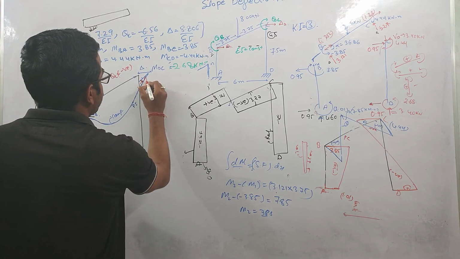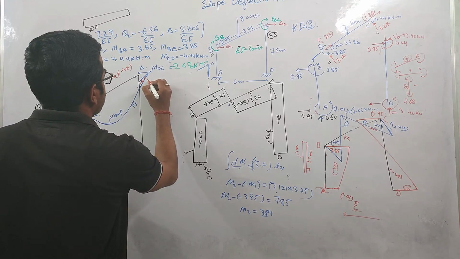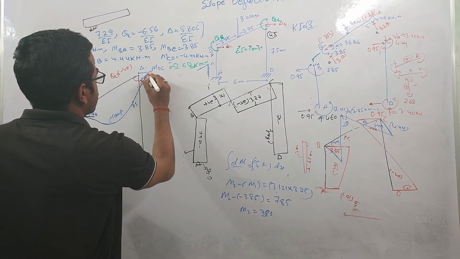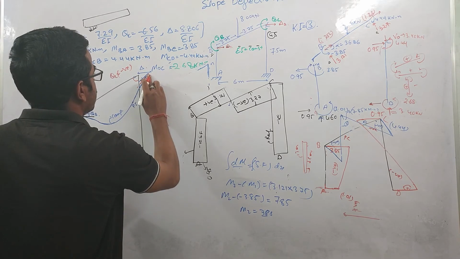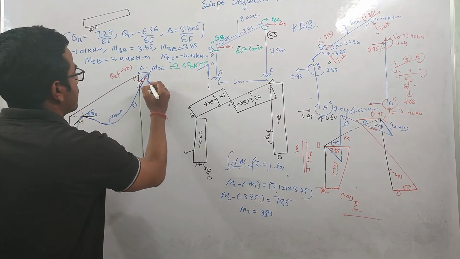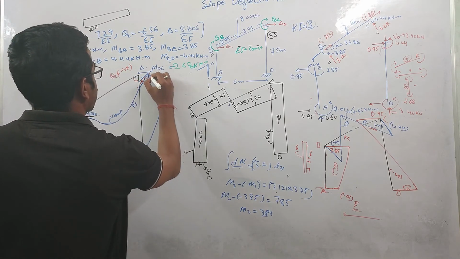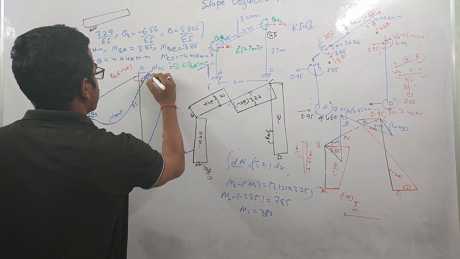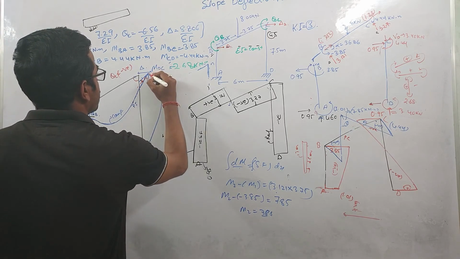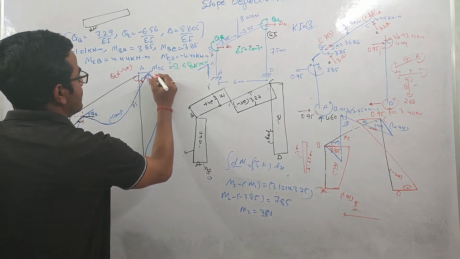So again, we need to draw one tangent, and the angle between the tangents is similar to this angle, right? Let us suppose this is the reference axis, and again it will bend something like this. So this theta is basically theta C.